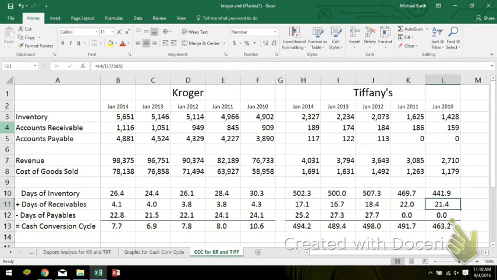We can see the receivables have gone down, so they're collecting a little bit faster on their receivables. We don't have any payables here, and that might be an accounting anomaly or a way that Morningstar put together the data, but generally speaking, that looks like a year and a half's worth of cash tied up in the cash conversion cycle.